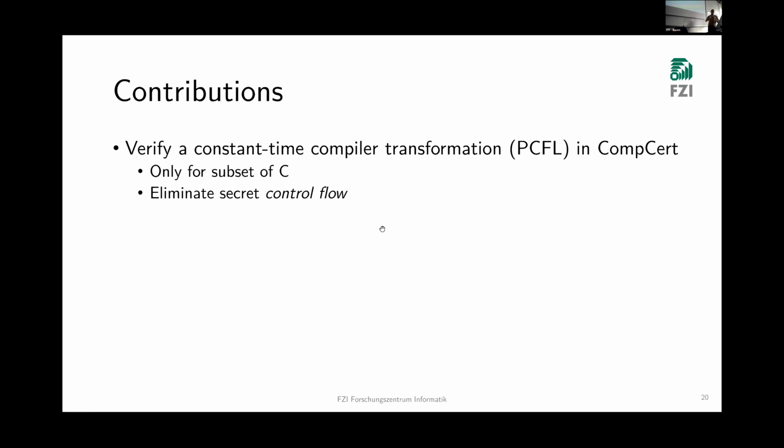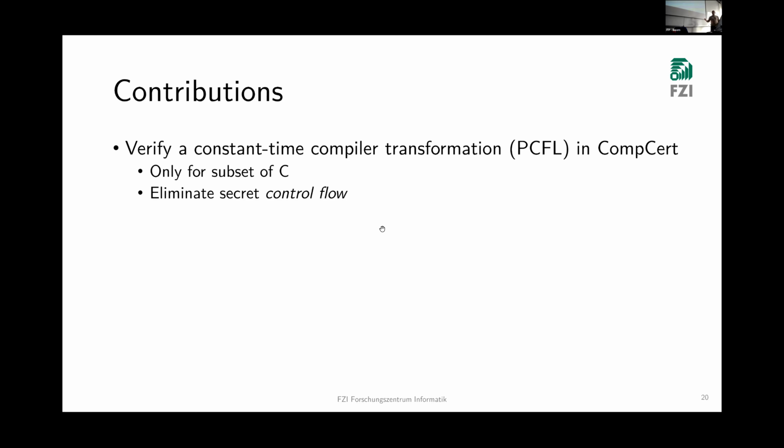So it's quite a small subset of C, but it's still a quite complex verification. The reason is that the PCFL transformation is a global transformation. It depends on the full control flow graph, and changing a single edge in the control flow graph may completely change the behavior of the program.